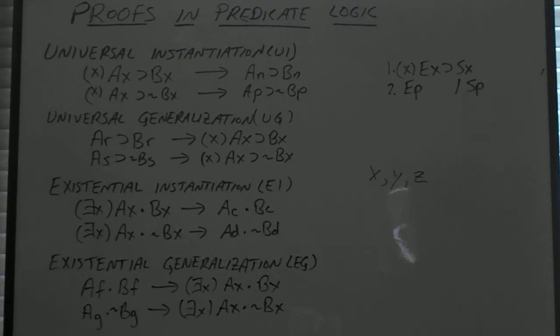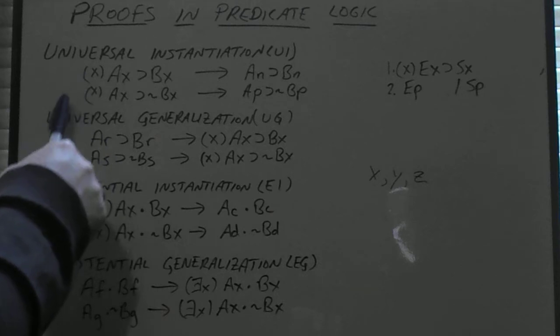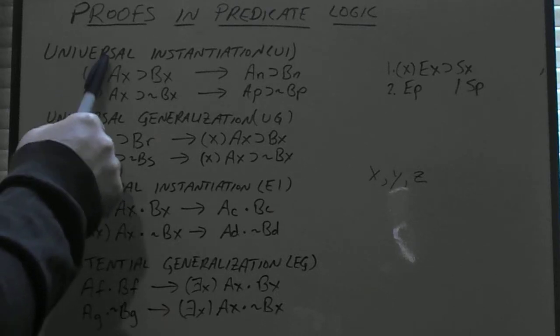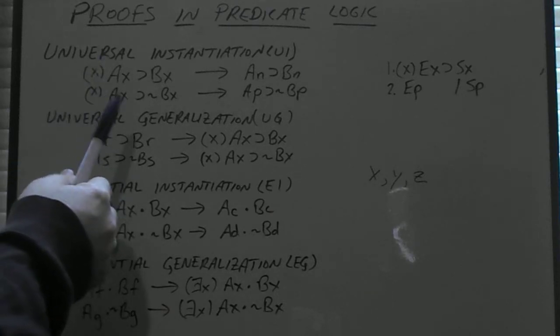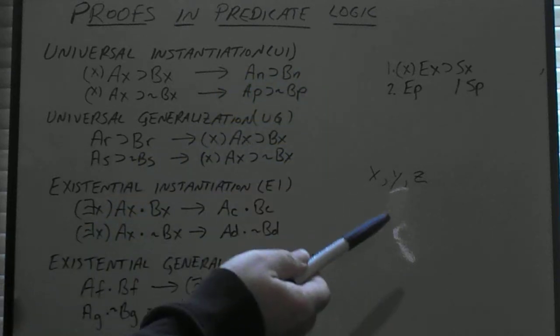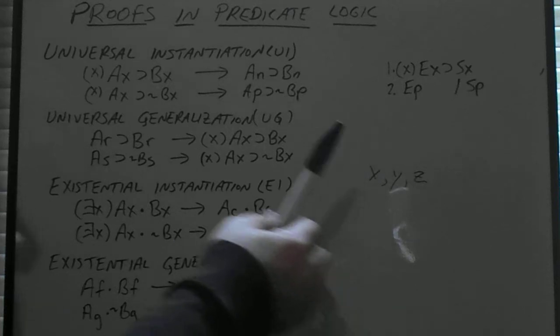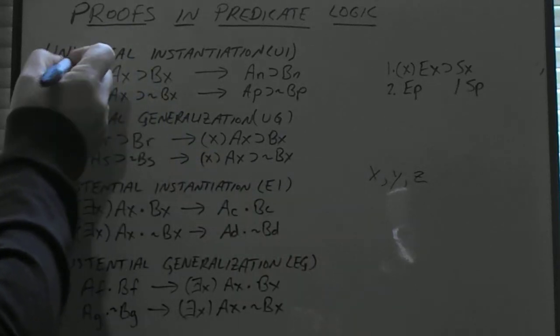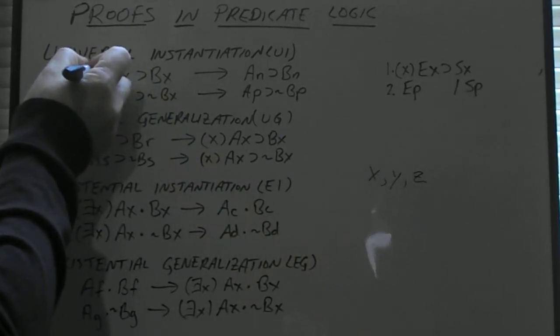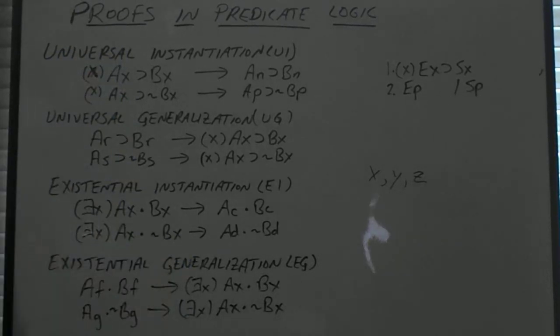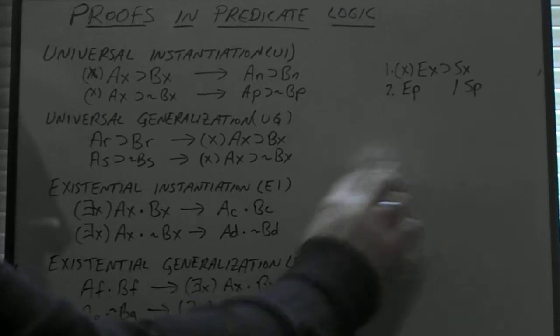The instantiations can use any other letter. So you can't, in doing, for example, a universal instantiation, just get rid of the quantifier and make it Ax then Bx, because that's still a variable. So x, y, and z are always variables. But any other letter is going to be okay.